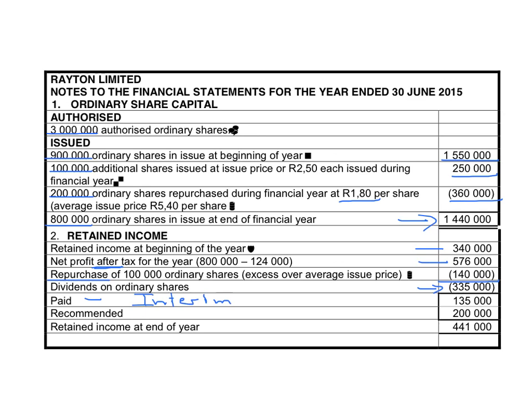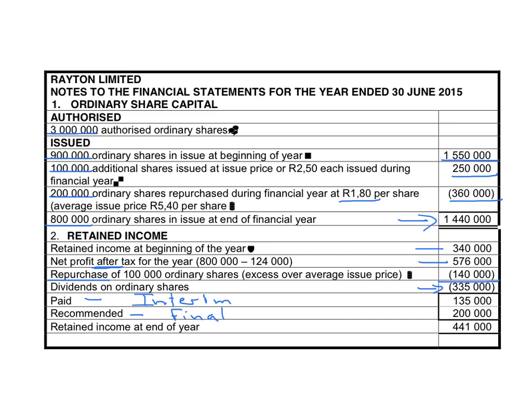The recommended one is the final dividend. And in the majority of cases, this will not be paid by the end of the year. It will still be owed to the shareholders at the end of the year, and it will be paid early in the next financial year.